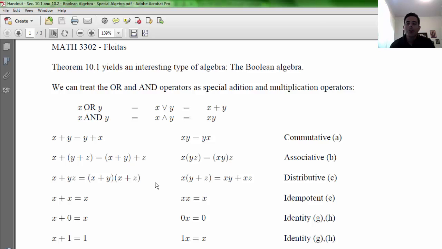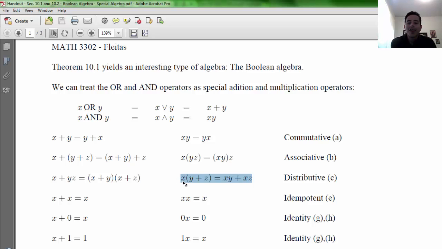The distributive property is interesting because there are two types of distributive properties here. You can actually distribute the addition: x plus y times x plus z. This is an unusual distributive property. We are more familiar with this one here, right? This is what we've been using in algebra in most math classes.